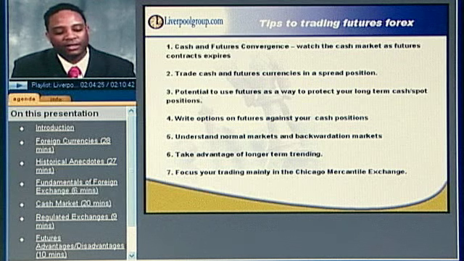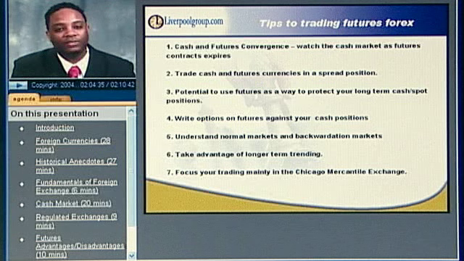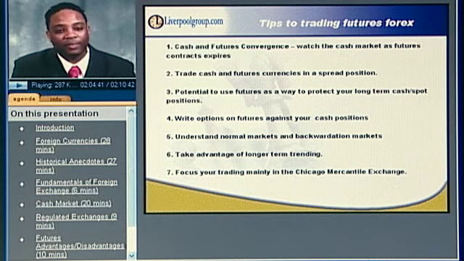And then lastly, focus your trading mainly in the Chicago Mercantile Exchange. As I spoke before, the Chicago Mercantile Exchange has been around since the inception of the currency exchange markets. They are designed to protect those companies, those banks and dealers in the cash market from overexposure in the cash market, and so most of those banks and dealers work in the Chicago Mercantile Exchange.